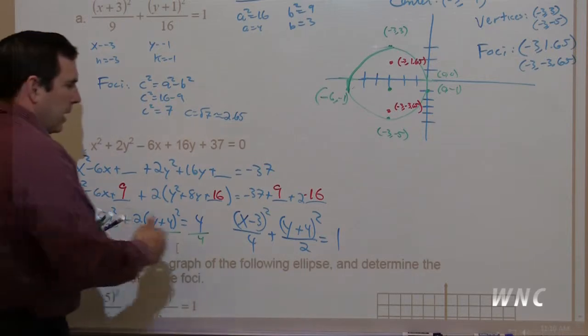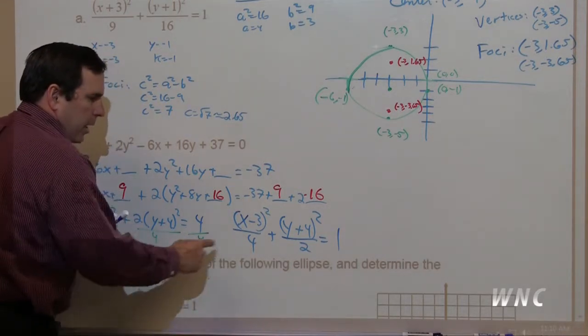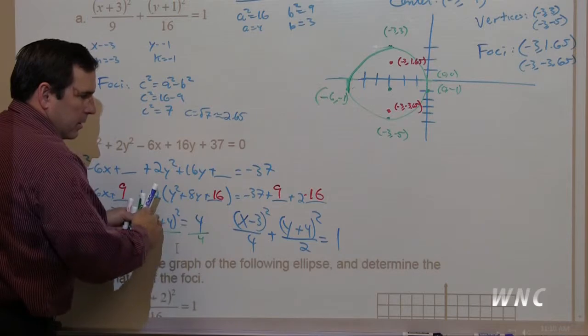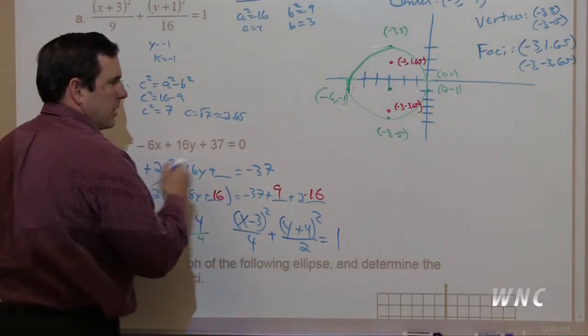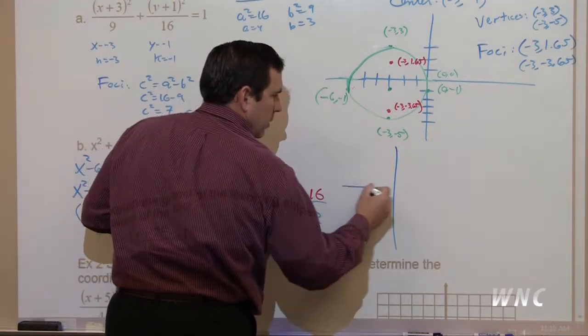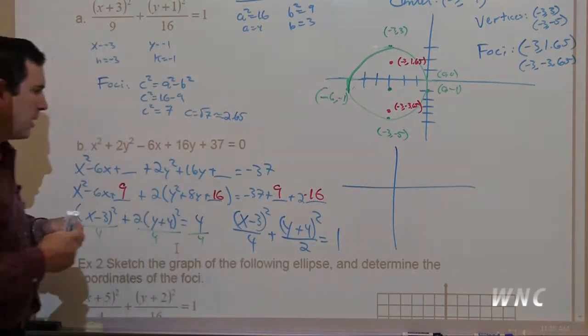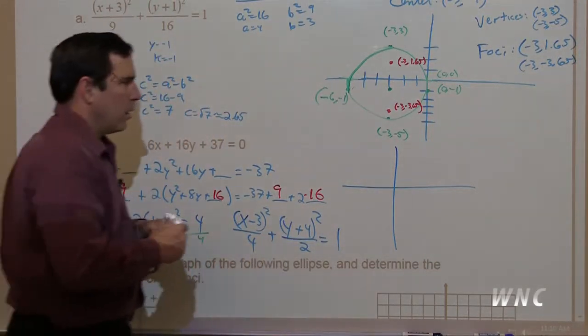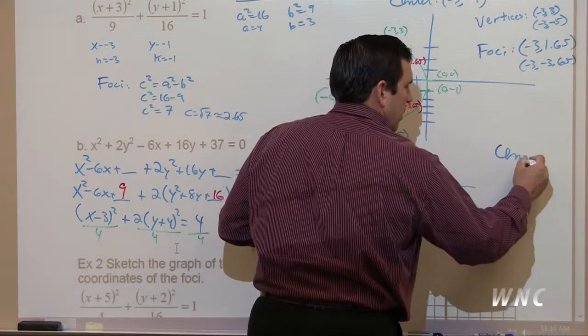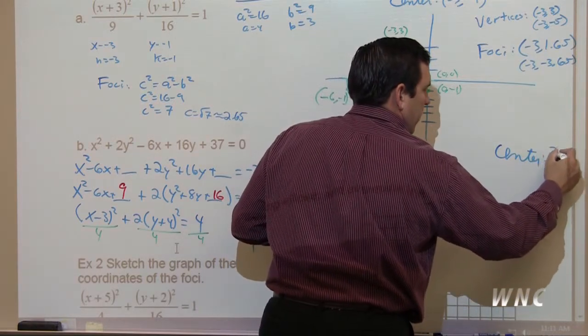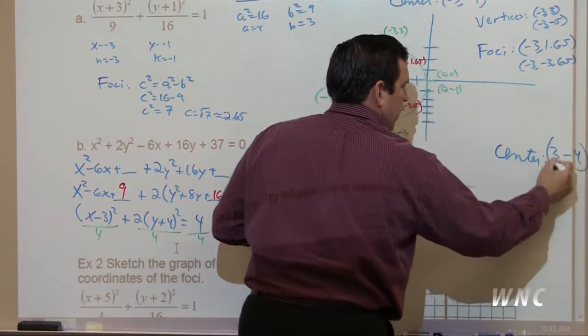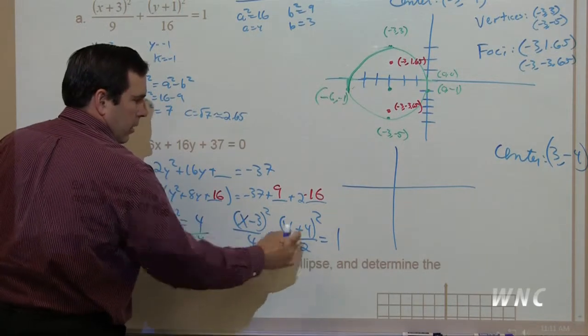Now our a in this case, the bigger number is below the x, so a squared is 4, that's going to be under the x, so it's going to have a horizontal major axis. Because the first thing to ask is where's the center? Our center will be at 3, -4.